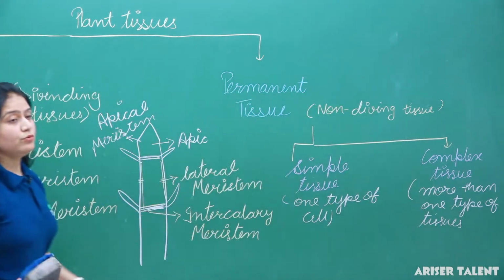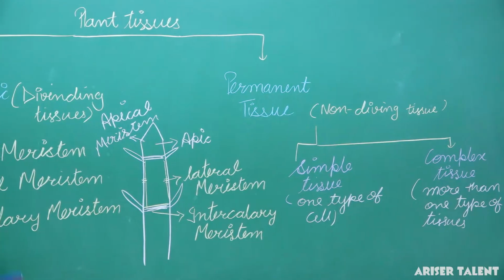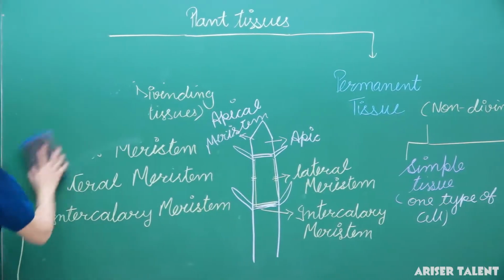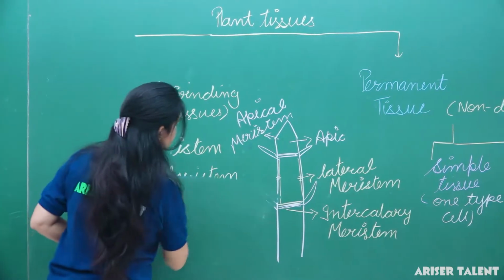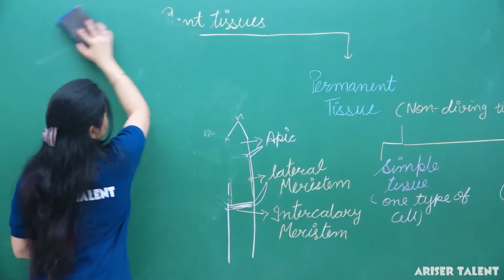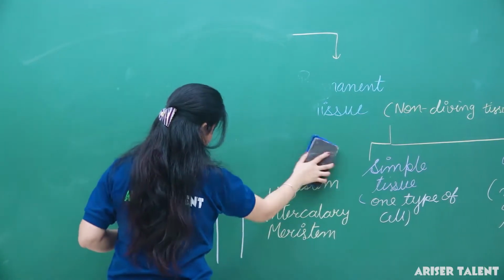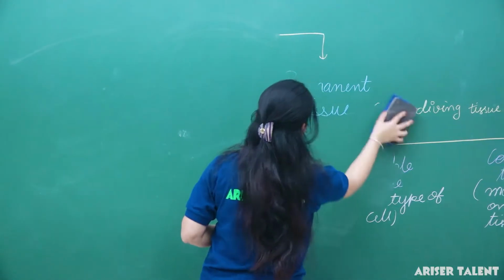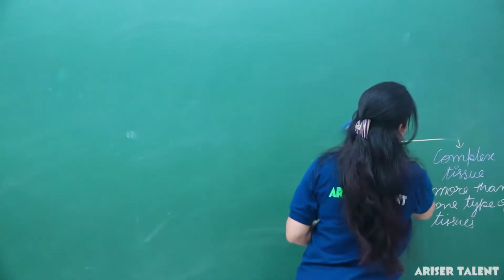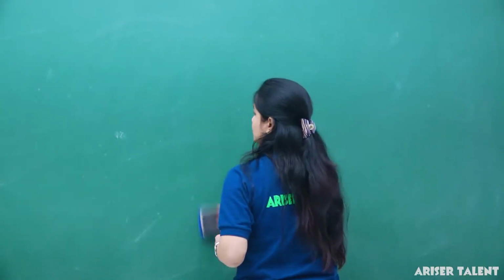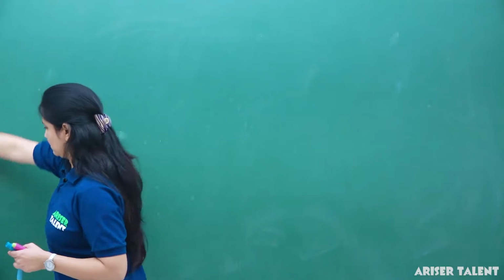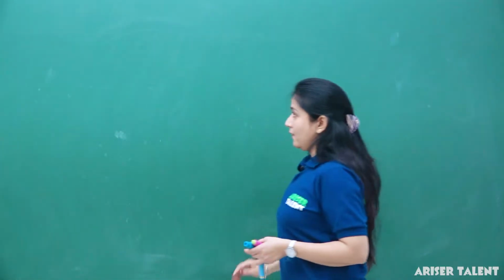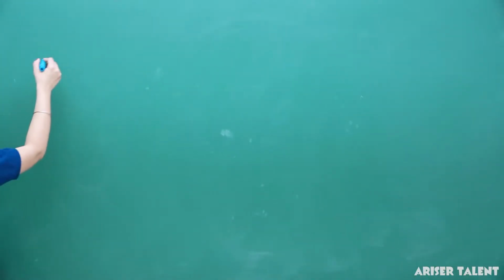Now I'll explain the different parts of simple tissue and complex tissue. Now we will study the different parts of permanent tissues.